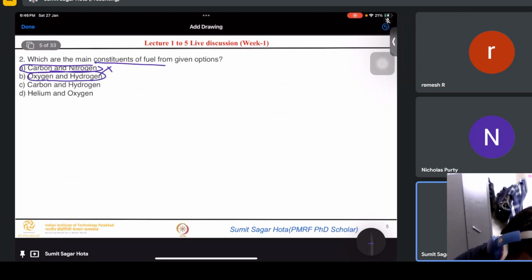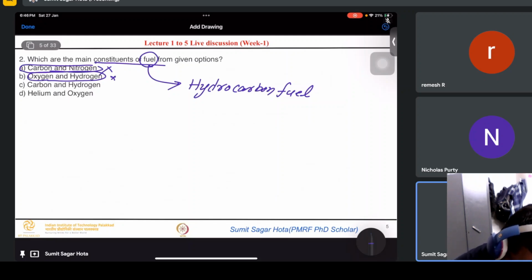But here fuel mostly means hydrocarbon fuels, like methane, ethylene, all these things. So this kind of question may come, that hydrocarbon means hydrocarbon fuel. So oxygen and hydrogen cannot be the option.